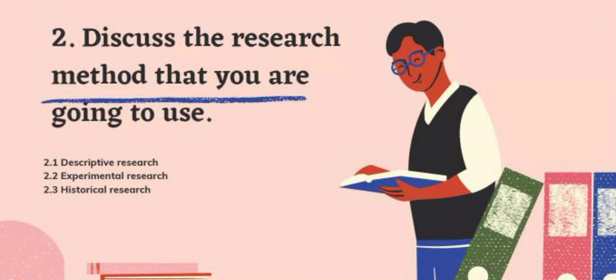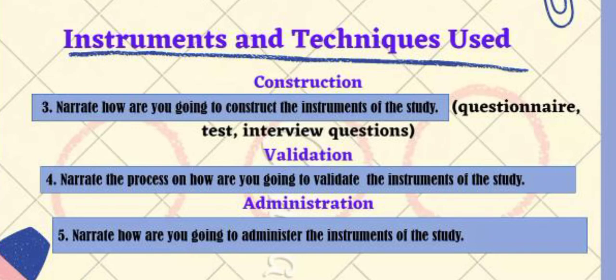For the next tips, we have tips 3, 4, and 5. This will be under instruments and techniques used. Tip number 3 will be focused on the construction, number 4 on the validation, and number 5 on administration. Under instruments and techniques, basically you will only try to narrate what you did in the construction of your questionnaire, test, or interview questions.